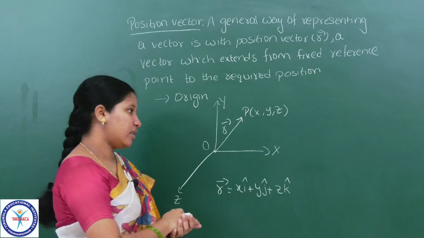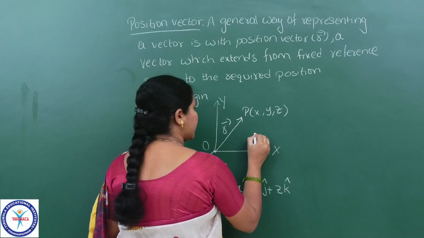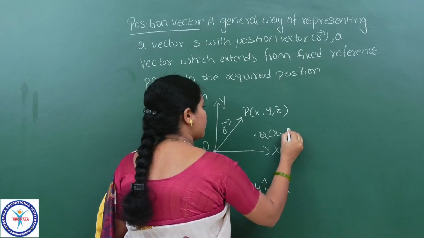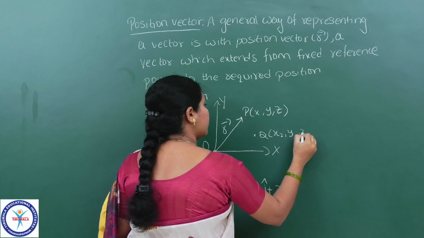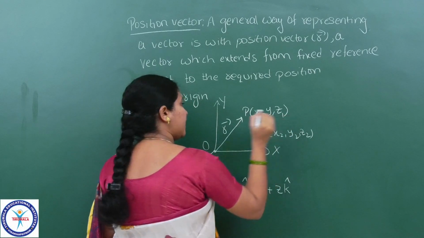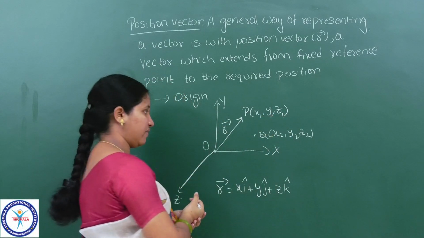Suppose I am considering another point, let this be Q, and it is having the coordinates x2, y2, z2, and P coordinates let it be x1, y1 and z1.